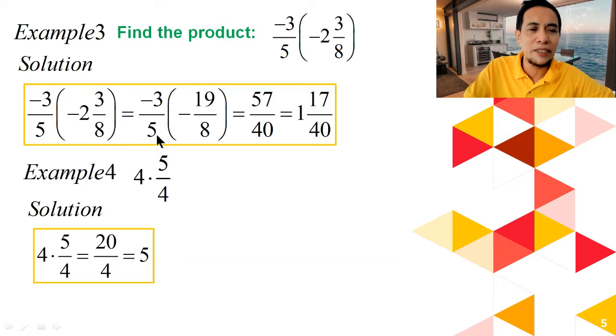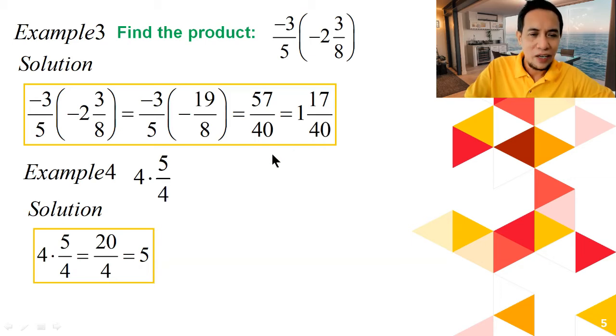Then we convert the mixed number: 8 times 2 is 16, plus 3, negative 19 over 8. So we're going to get the product of negative 3 and negative 19, so the answer would be positive 57. 5 times 8 is 40. So our final answer is 57 over 40, or converted to a mixed number, 1 and 17 over 40.